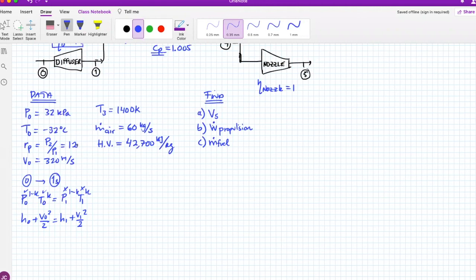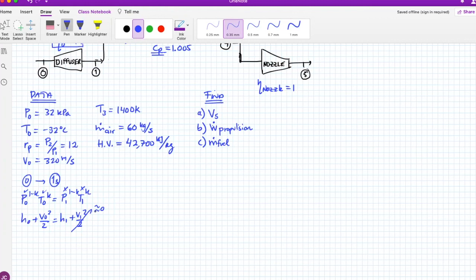It should be some value, right? It couldn't be 0. Nonetheless, I'm going to take this as approximately 0. It's not that it's 0, but compared with the 320 meters per second, this V1 squared is not very relevant.